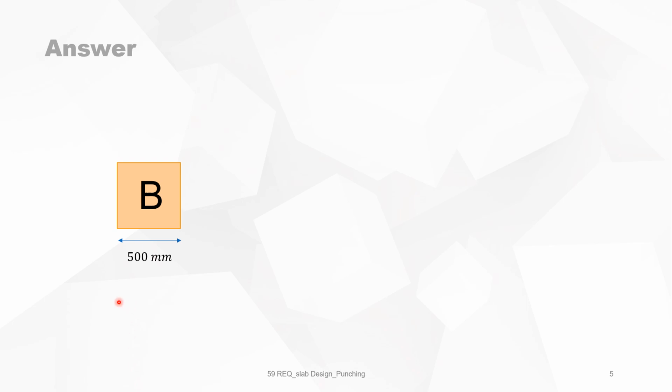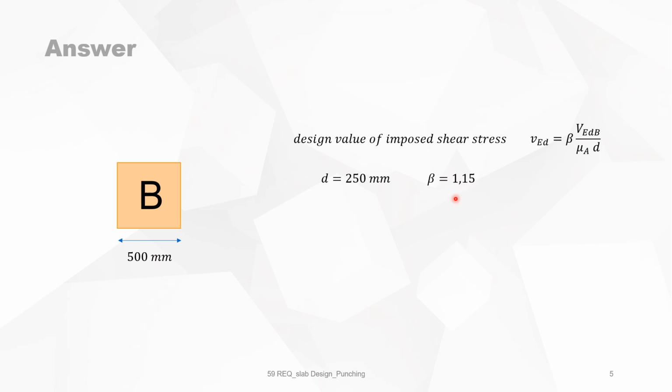We continue with case B, which is a rectangular of 500 millimeter. The design value of the imposed shear stress is then equal to beta times total force divided by the critical surface. d is 250 millimeters, beta 1.15 for the column in the middle of the slab. The critical circumference is at position 2d from the column.